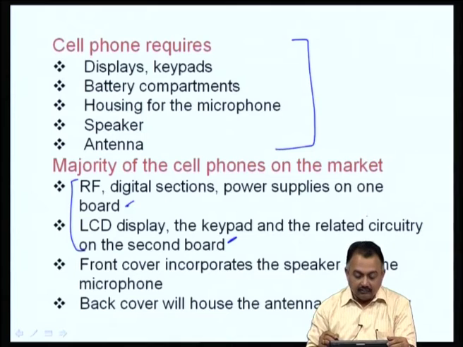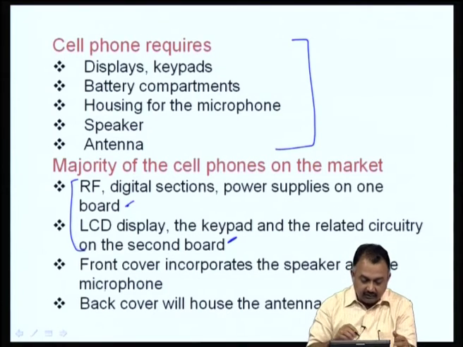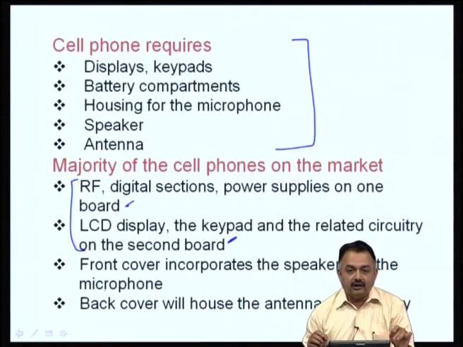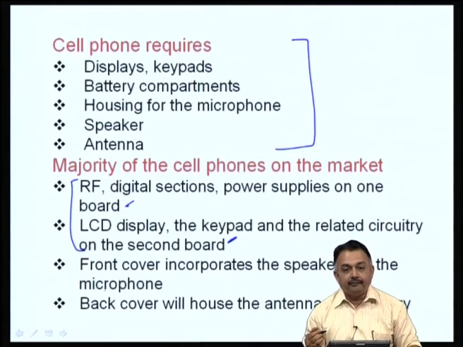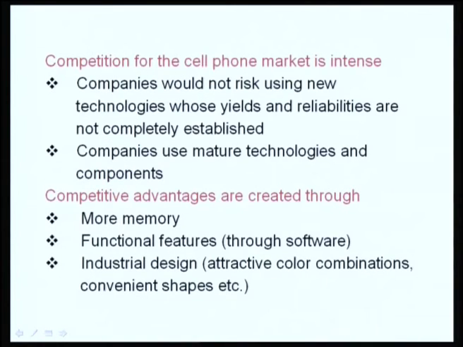Maybe we will be seeing those kind of upgradations or miniaturization very soon. The front cover will incorporate the speaker and the microphone, and the back cover will house the antenna and the battery. These are all very common observations, nothing new here, but what I am trying to impress upon you is that these are the things that you have to look at as a design issue.